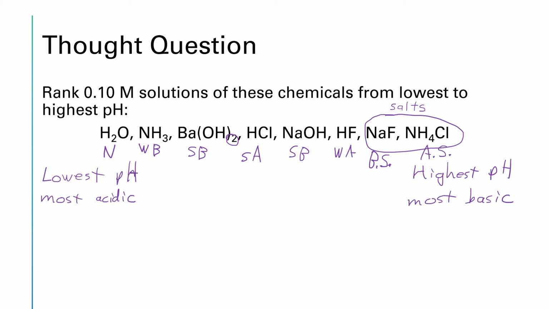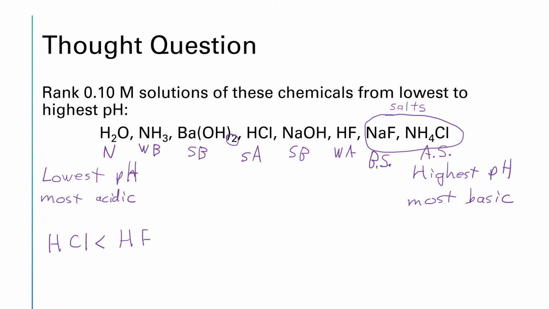Okay, so let's rank these from the lowest pH to the highest pH. The lowest pH is going to be our strong acid, HCl, because that'll fully ionize, giving us the most H plus ions. That'll be followed by our weak acid, HF. Only roughly 1% of that will ionize.